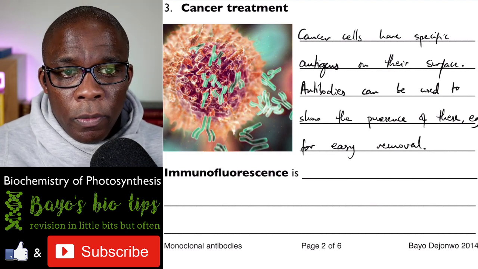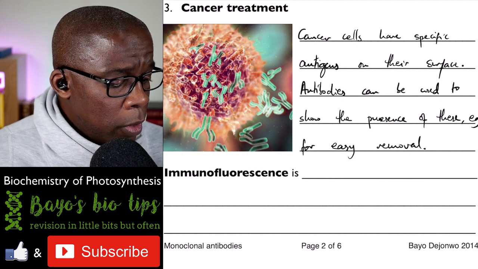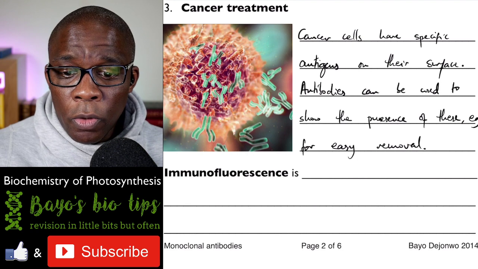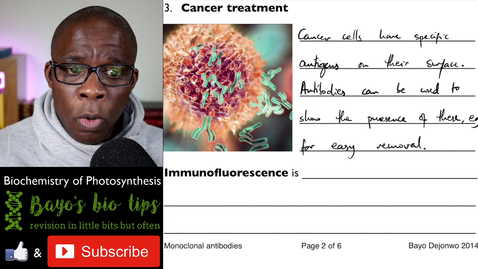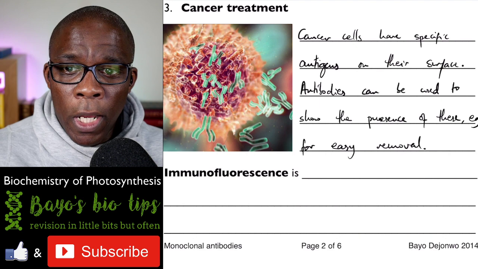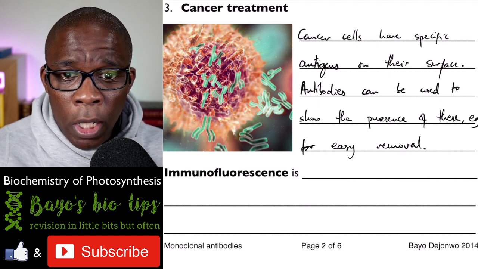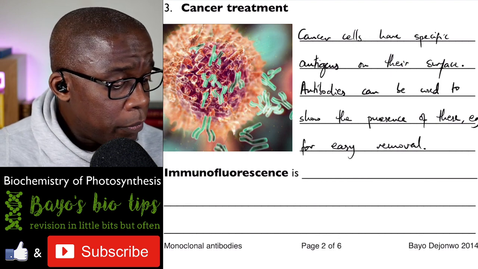Another aspect of this would be immunofluorescence. So immunofluorescence is basically the use of antibodies which are bound to chemicals which will respond to things like UV light and then give off a colored light of some sort which would show their presence.